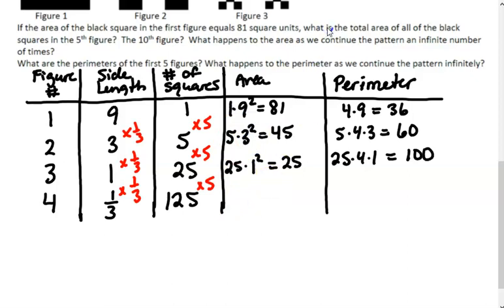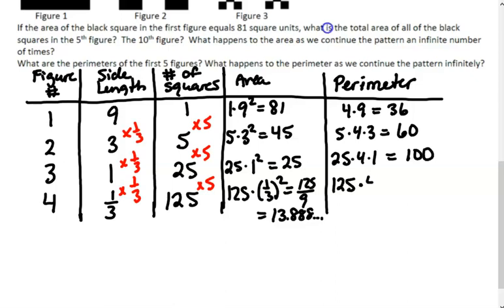So this next one would be 125 times 1/3 squared. 125 times 1/9 would be 125 over 9, which ends up being 13.888. And here we have 125 squares times the perimeter, which is 4 times 1/3.